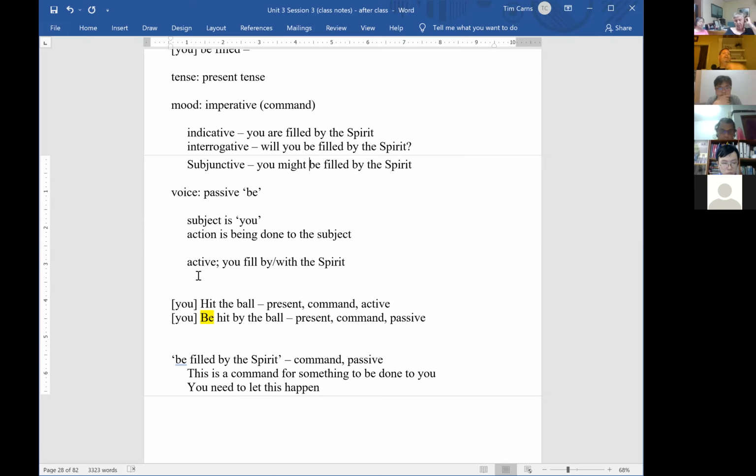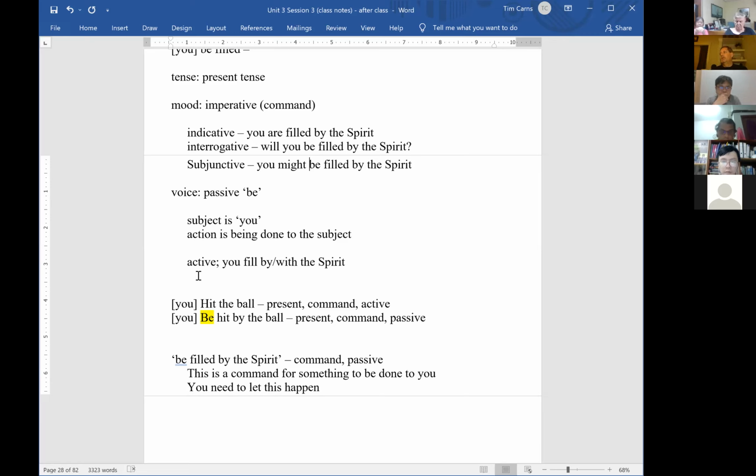So if I told you be hit by the ball, right? I am telling you, okay, be willing to be hit by the ball, but you may have to do something to do that. You may be sitting in your chair and you may have to get up and go over to a place where the ball is coming so that the ball hits you, right? So there may be action involved, steps that need to be taken to put yourself in the position to carry out that command. Now, Paul doesn't give those steps here.